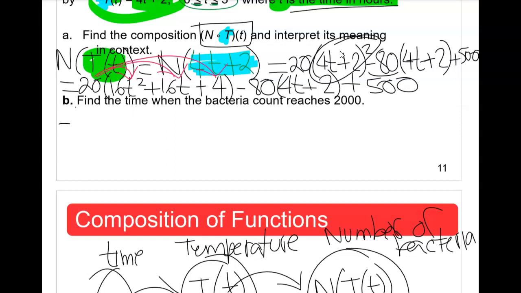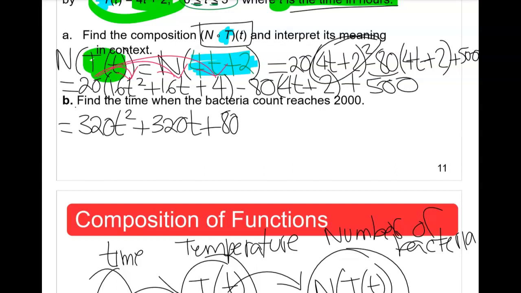So that will give me 20 times 16. It will be 320, and of course we need t squared, then 20 times 16t is going to be 320t. And then 20 times 4 is 80.